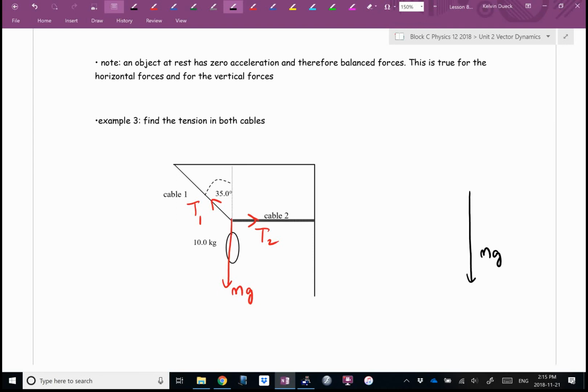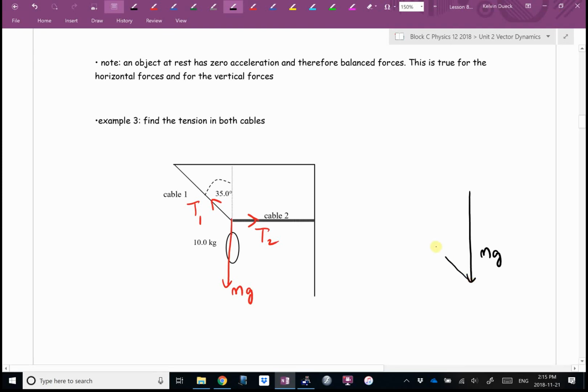And here's my big advantage. What do these three forces have to add to? Because they're in equilibrium, 0. What will that look like in a vector triangle? 0 in a vector triangle is a triangle where I end up right back where I started. So watch.